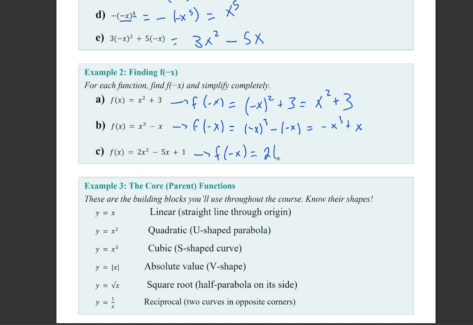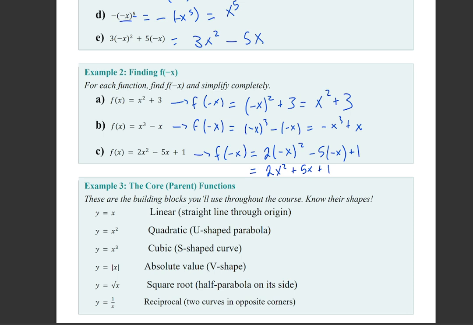And we have 2 times (negative x) squared minus 5 times (negative x) plus 1. And if we simplify that, we have 2x squared plus 5x, right? Minus 5 times a minus x. And then we have a plus 1.